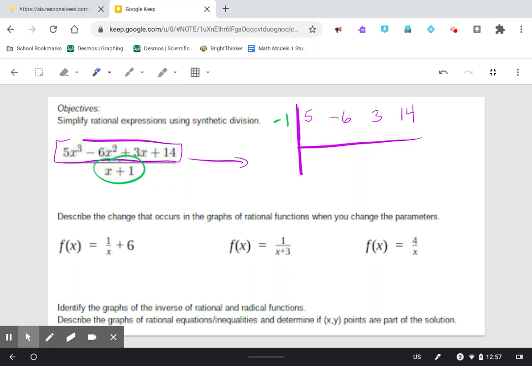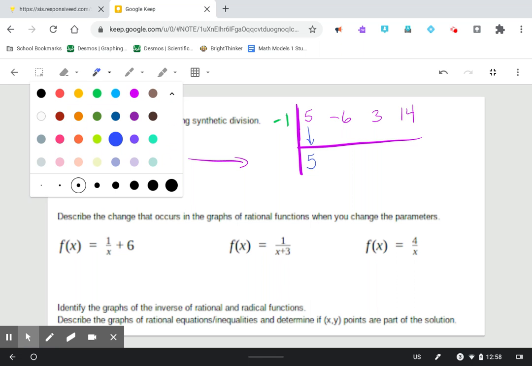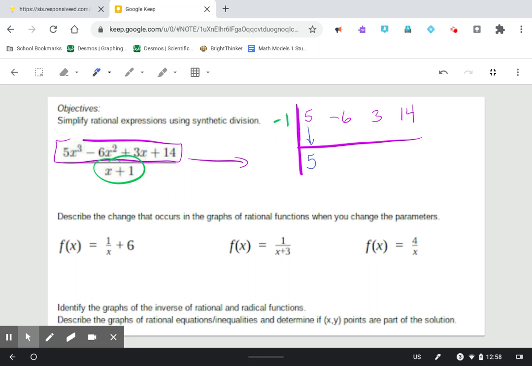So then -1 is the number that goes outside on synthetic division. Lots of examples on the video, so I'm only going to do this one. But remember, the process is you bring down the first term, and then you multiply by the divisor, -1, and write the answer here.